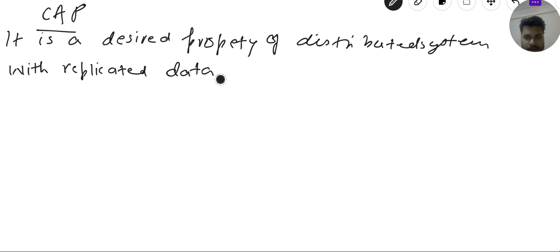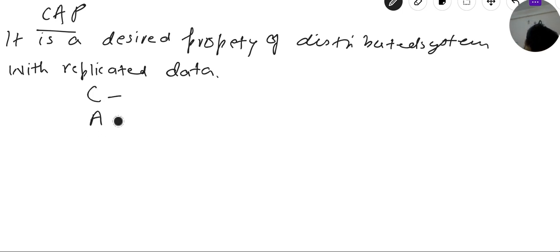So it is a desired property of distributed system with replicated data. Means we only deal with this to come to a conclusion whether to use CAP theorem or not in a distributed system with replicated data. So now let's see what this thing stands for.